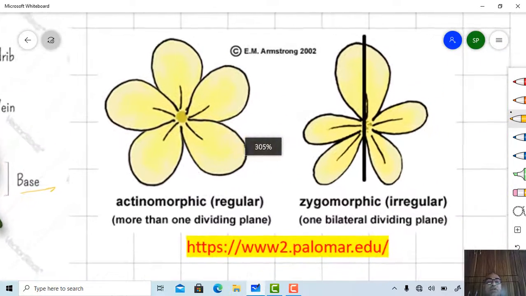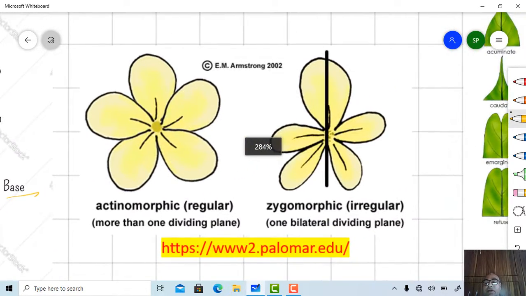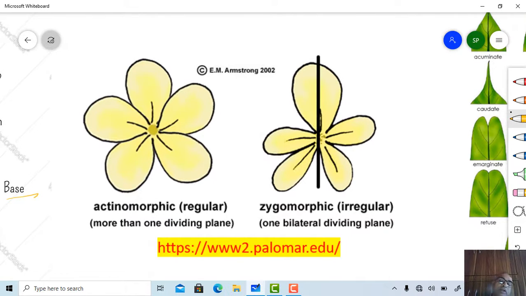Then this is about the symmetry of the flower, actinomorphic and zygomorphic. In actinomorphic symmetry, the flower can be divided vertically by a number of planes, and the division gives two equal parts. Then this one is zygomorphic or irregular.